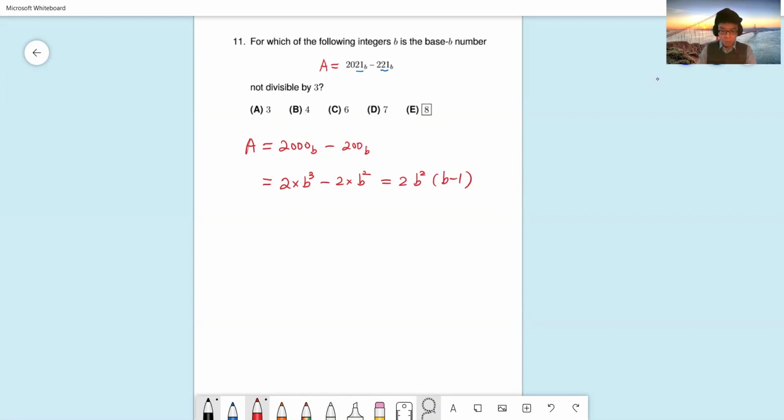Let's check each term. For the choice A, if b equals 3, that means a is divisible by 3, right? 2 times 3 squared times 2. This is divisible by 3. And for b equals 4, b minus 1 gives us a multiple of 3. So a equals 2 times 4 squared times 3, a multiple of 3. b equals 6 is also a multiple of 3 because we have b squared.